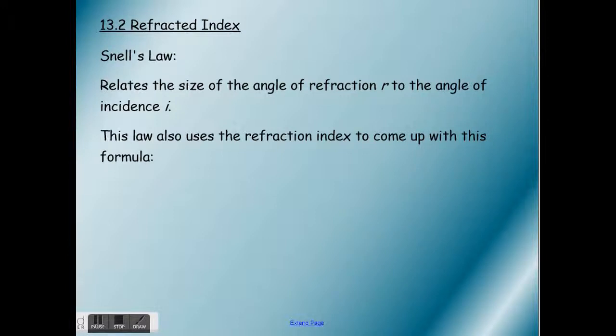Yes. No. So, Snell's law. Snell's law is something that uses the refractive index. We talked about this when we were looking at refraction.